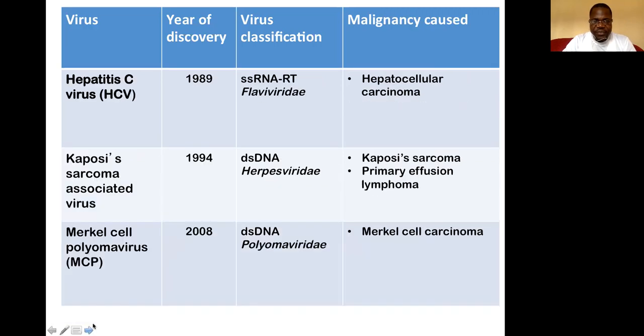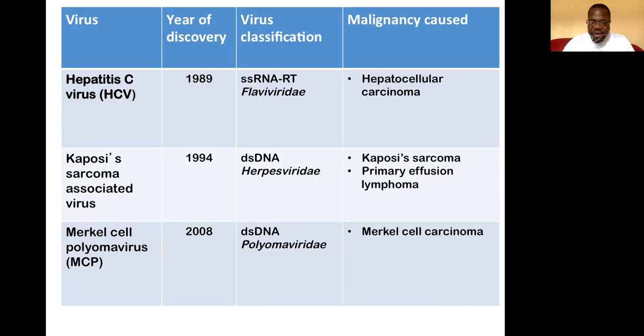And hepatitis C is also, like hepatitis B, associated with hepatocellular carcinoma. It means the cancer of the liver. And we have Kaposi sarcoma associated virus that is associated with a cancer called the Kaposi sarcoma. And another one is called the primary effusion lymphoma.